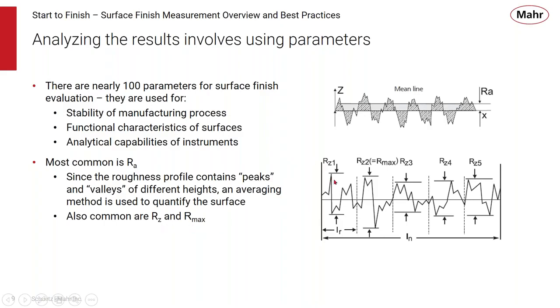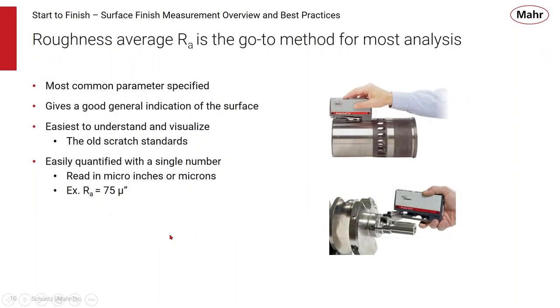But what we can see here is that we're taking a series of small segments over a long length, and we're going to look at the average of the peaks and valleys within those segments to give us R sub A. So R sub A is the go-to method for most analysis.